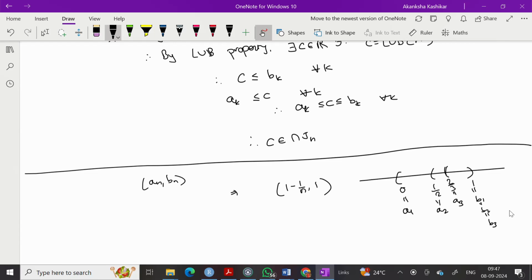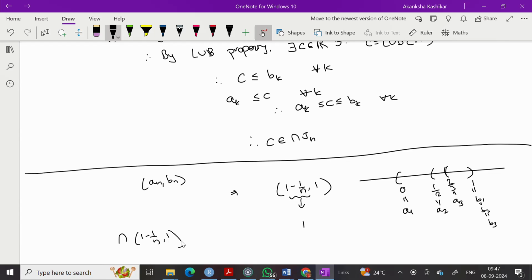Now, since the intervals are open, if we try to take the LUB, we know the upper bound for this collection is actually 1, and we are stopping just before 1. So this intersection turns out to be actually empty.